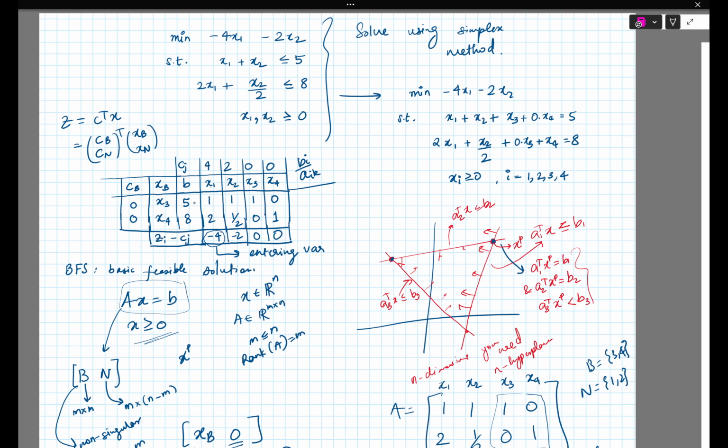Okay, and the minimum here is this. So if you increase x1, x4 will hit 0 first. That is what we understand by this.